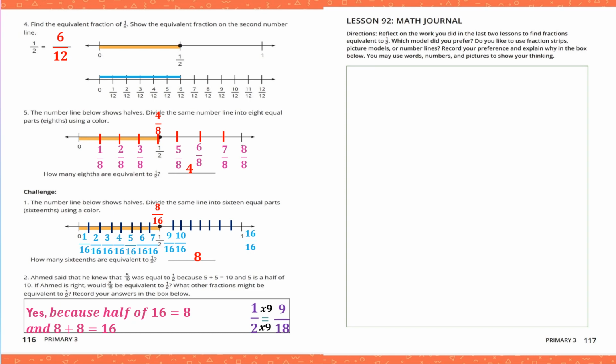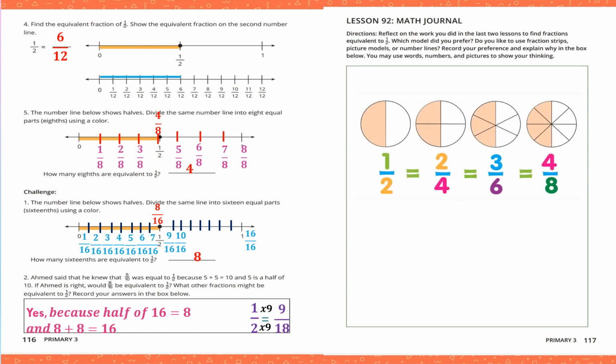Record your preference and explain why in the box below. I prefer picture models because it's very easy. 1/2 is equivalent to 2 over 4, 3 over 6, 4 over 8.